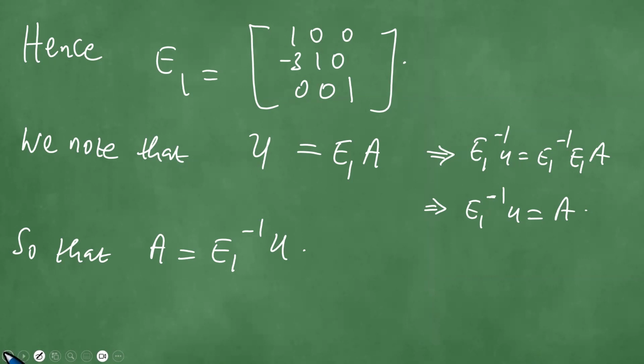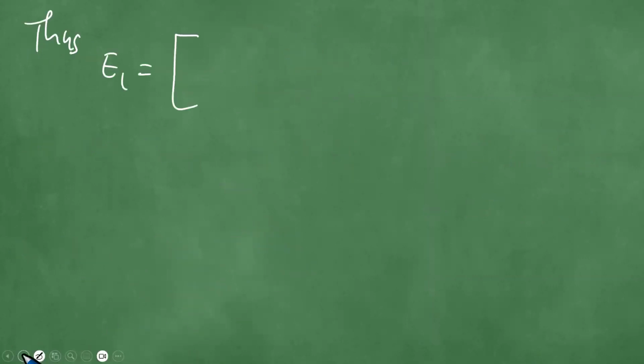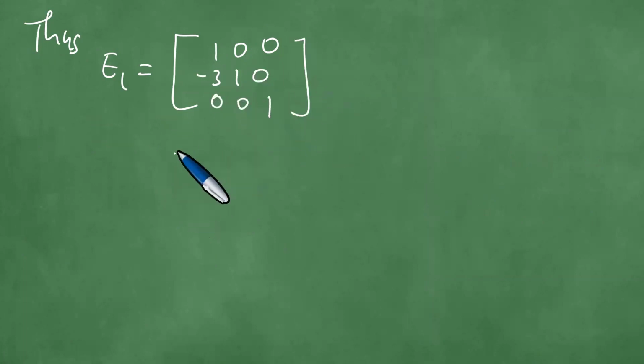Let's consider this particular elementary matrix E1, which is 1, 0, 0, minus 3, 1, 0, and 0, 0, 1. So that's E1, it's this.